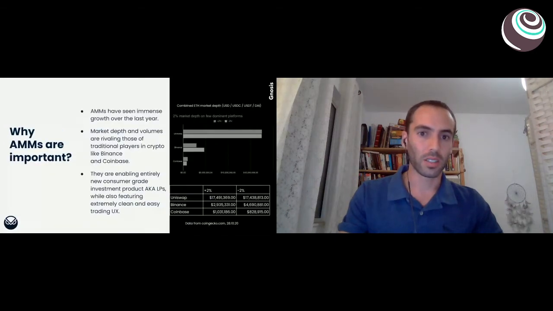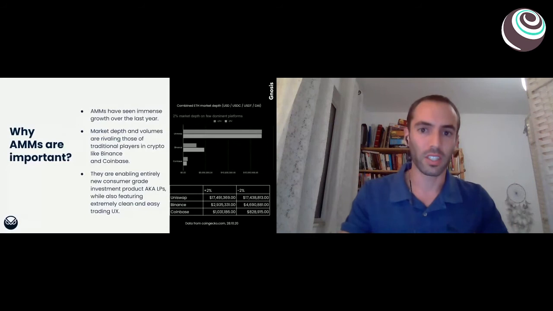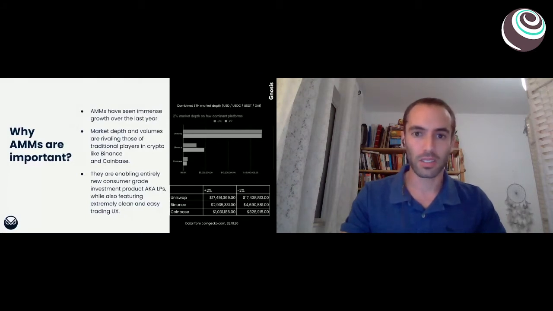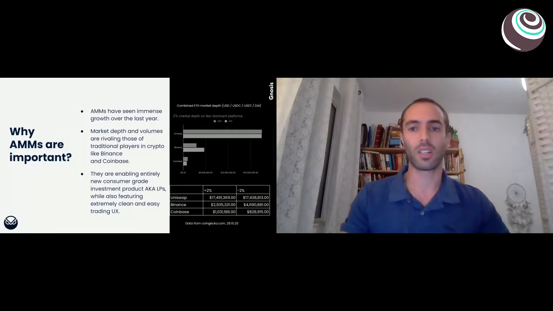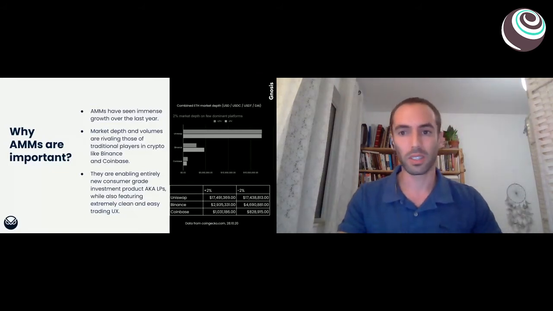So starting with a quick motivation, I gathered the market depth metric from Uniswap, Binance, and Coinbase. It illustrates the success of AMMs generally, and Uniswap here in particular.